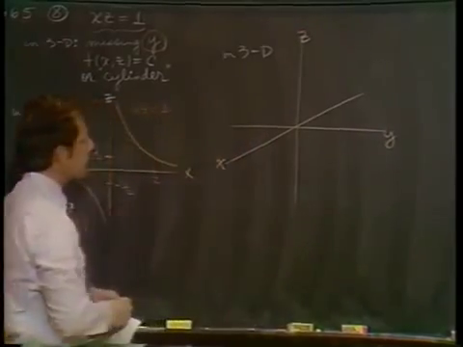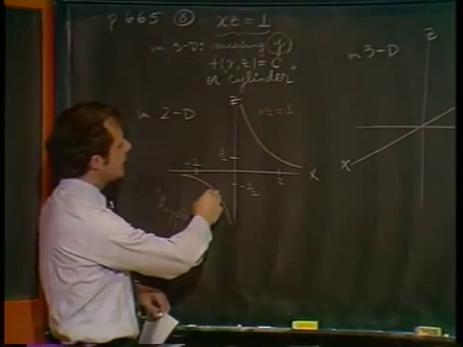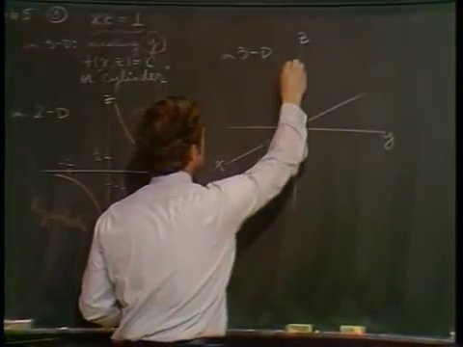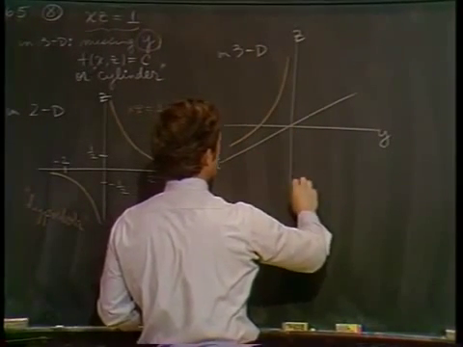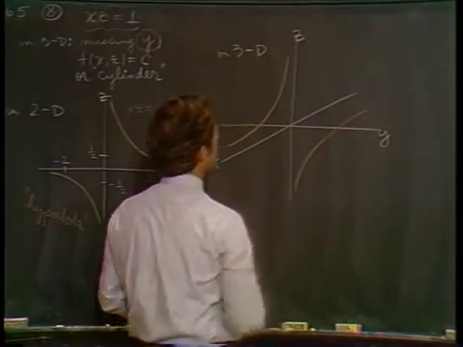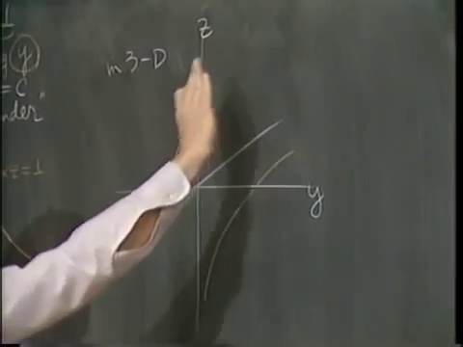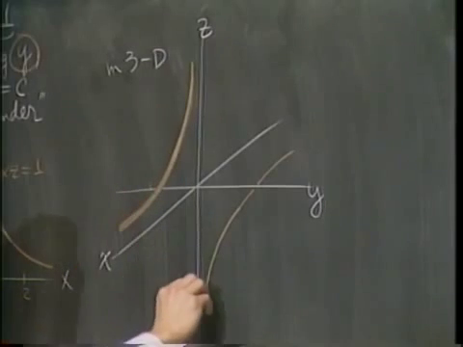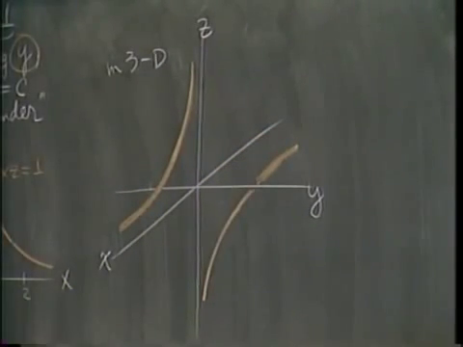you might take what we call the trace, which is what we're looking at here, the trace in the xz plane, and duplicate it as best you can over here. So here's the trace in that positive quadrant, and also down here in this negative quadrant in the xz plane. It's kind of hard to see, but as you look back along the xz plane, in that plane is this hyperbolic graph that we just drew.